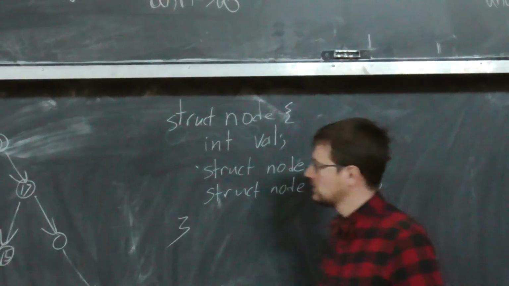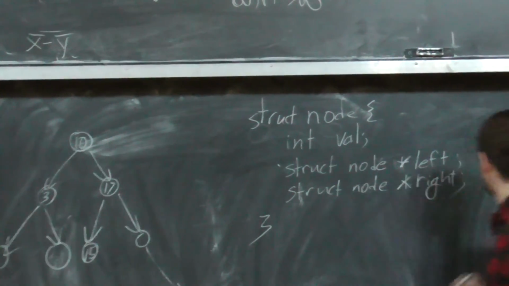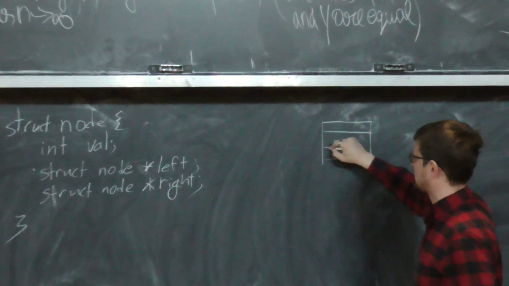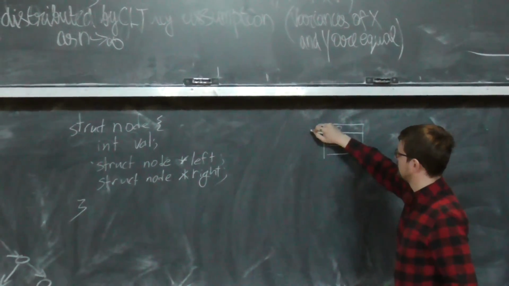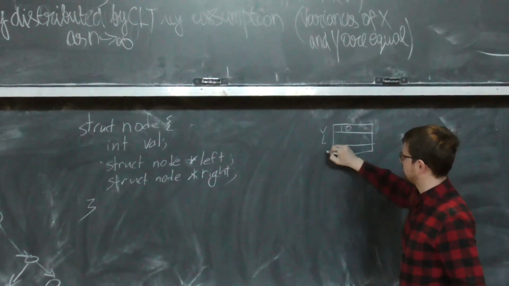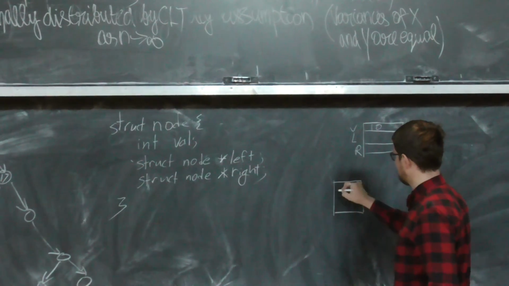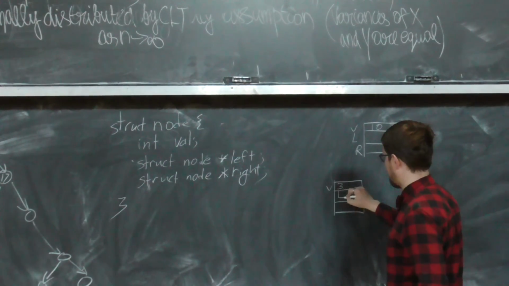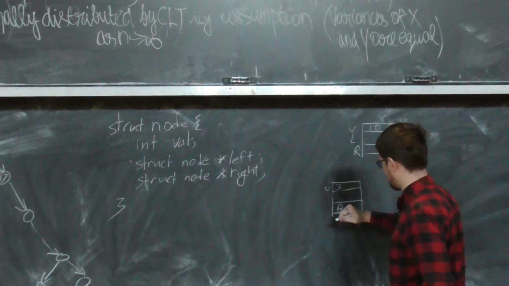So, what these things end up actually looking like in code. If you imagine structures as being boxes containing some things, this would be 10, so value, left, and right. You would make another one that would have a value of 3. It would have left, and it would have right.